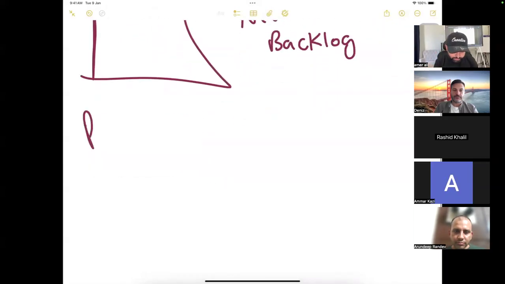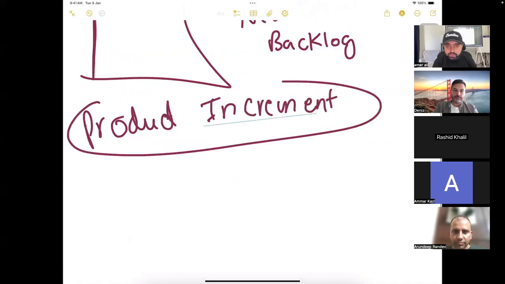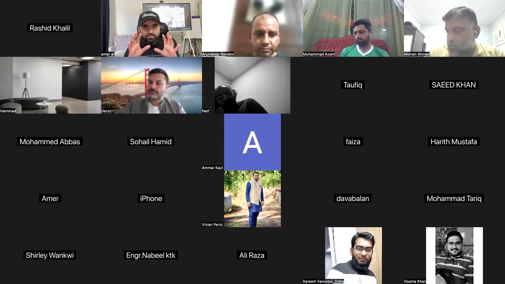Then we have the product increment. What is product increment? Whatever gets accepted by the users at the end of the sprint goes into the product increment. Clear to everybody?